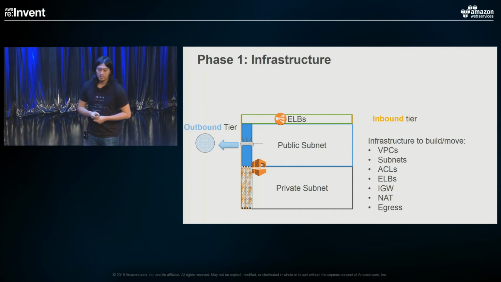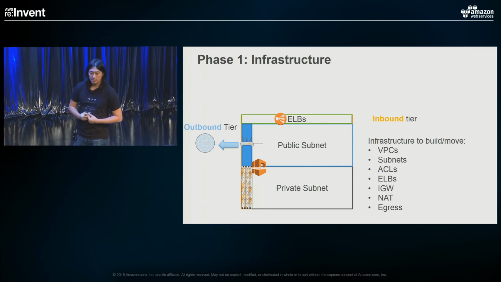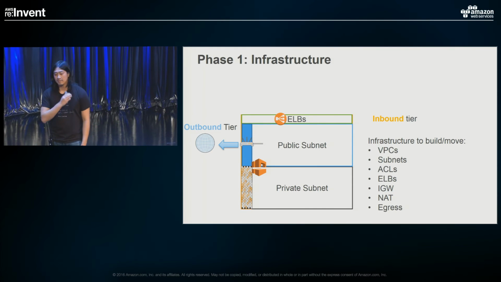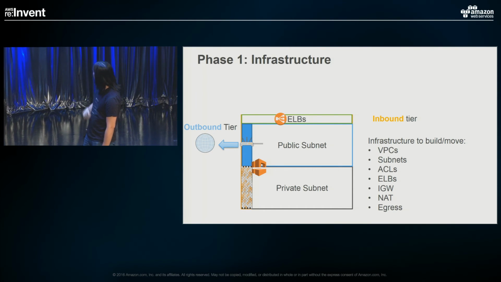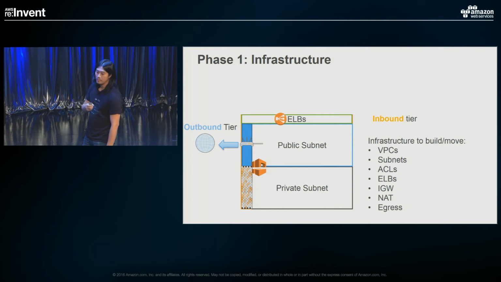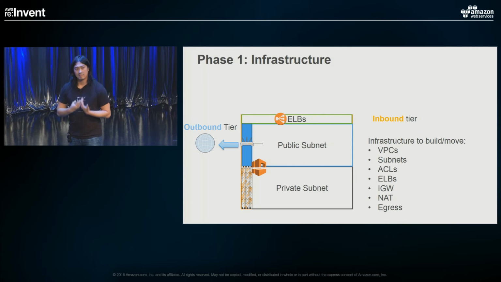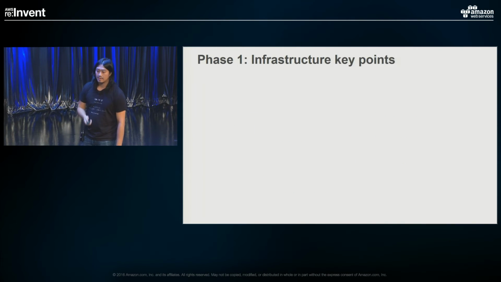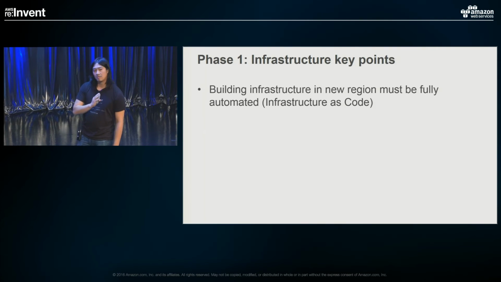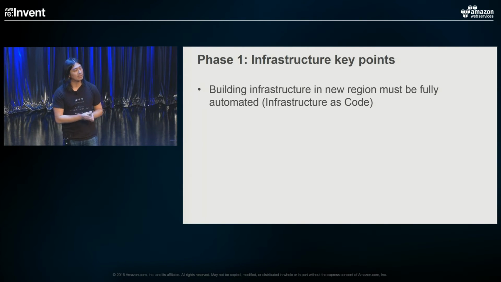This is very typical. So what do we need to build in the other region? It's very typical stuff: the private subnets, public subnets, and we want to build the VPC subnets, all the network rules, all the internet gateways, NAT egress, all these that we need to build. And that's very easy. The key point is that we decided we had to make building infrastructure fully automated.